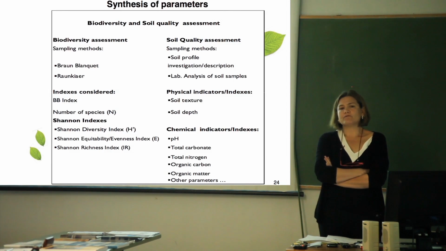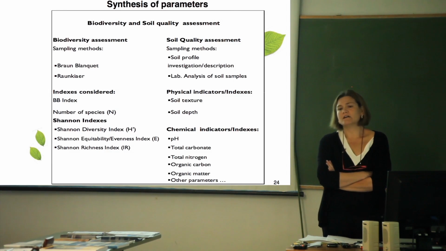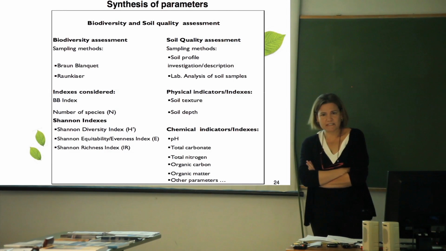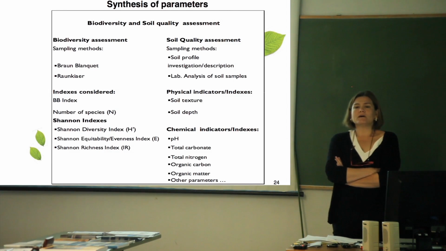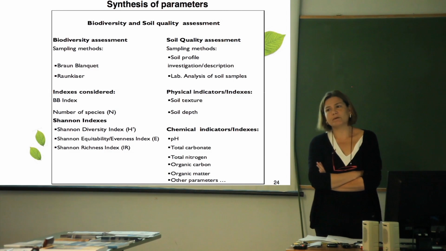So it starts from fauna, arthropods, microorganisms in the soil, plants, vegetation, that is the aggregation of different plant species. And so it is very difficult to have a clear idea of biodiversity.